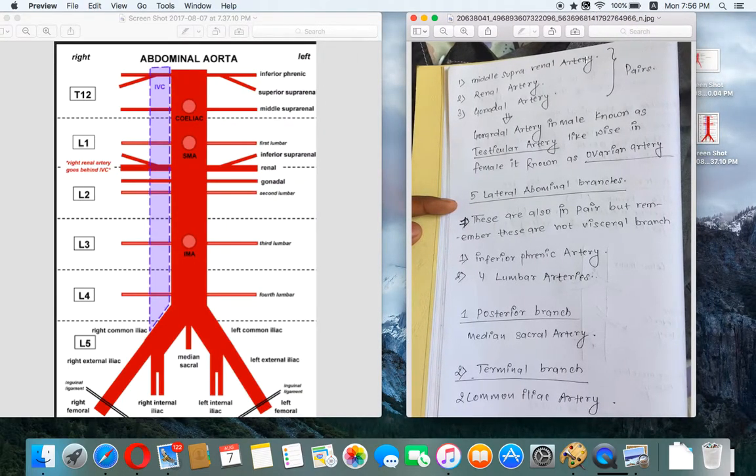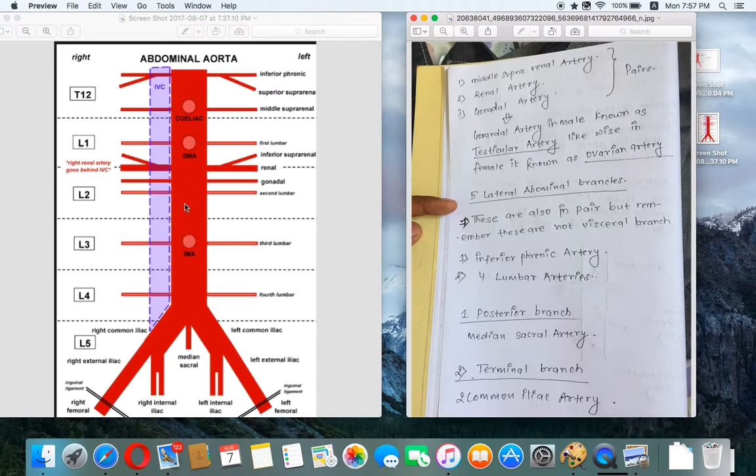Here we see the very first branch of the lateral visceral branch. In the very beginning we learned about the anterior visceral branch, which means anterior branches that supply the organs.